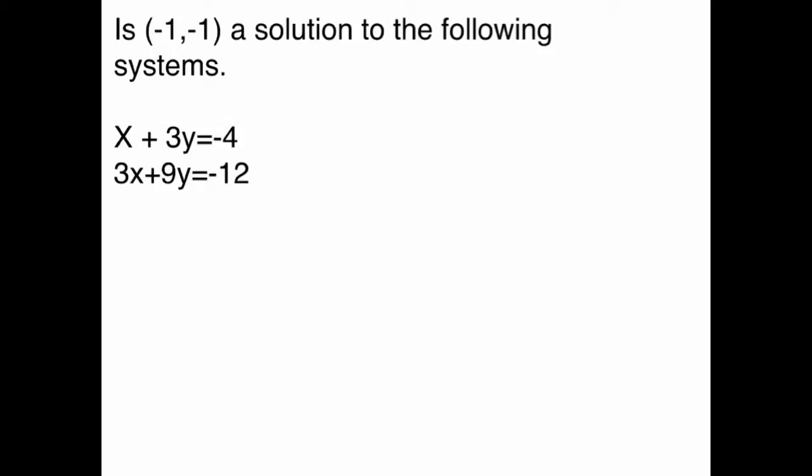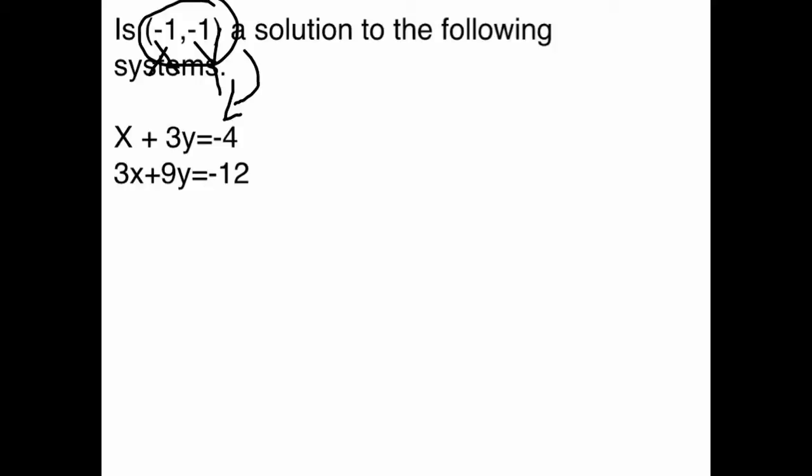Alright guys, we haven't done this in a little while, doing solutions with substituting in coordinate points, but it's a similar idea. So our question is, is (-1, -1) a solution to the following systems? So what I'm going to do is take my coordinate point, which is -1 as my x value and -1 is also my y value, and plug them into our equations.